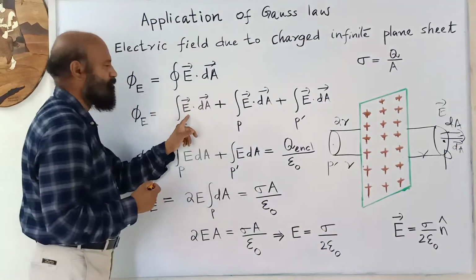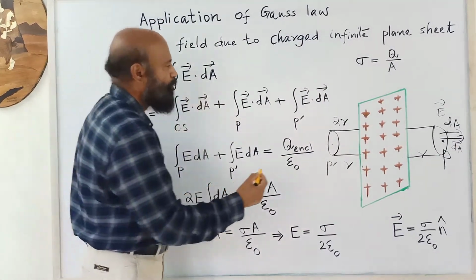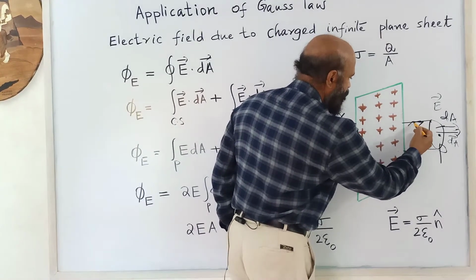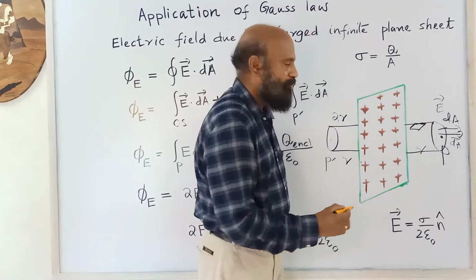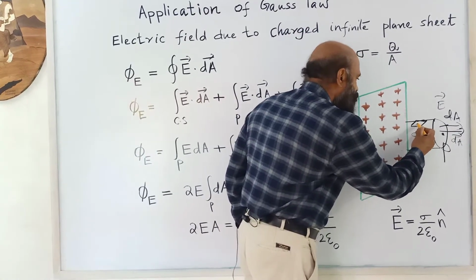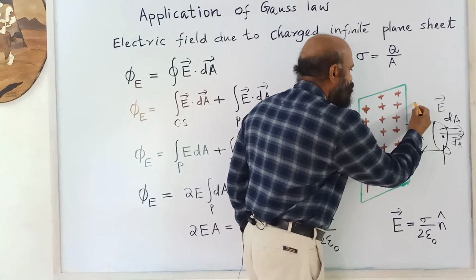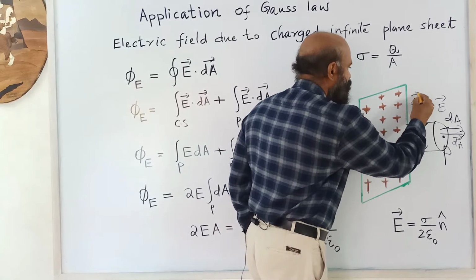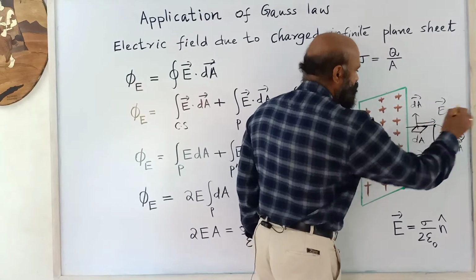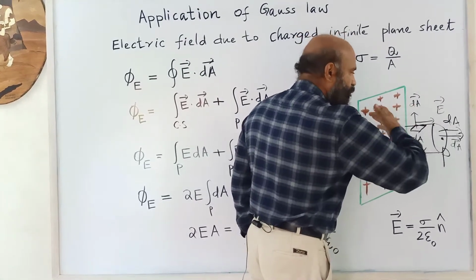Now the first term, the curved surface area. Here you consider a small area dA, represented by this dA vector. The electric field is acting along this direction, radially outward.